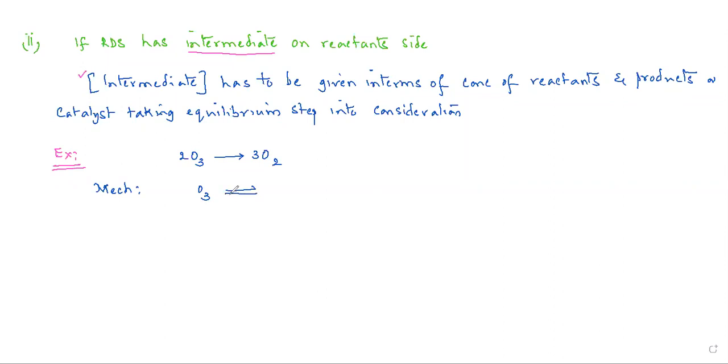Look at this. Say this step is a fast step. In fact, it is an equilibrium step. This is going to play an important role. Now, this is the intermediate.